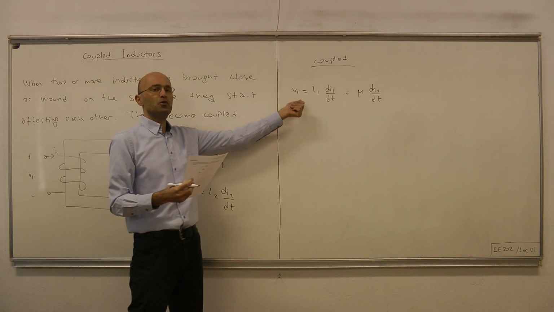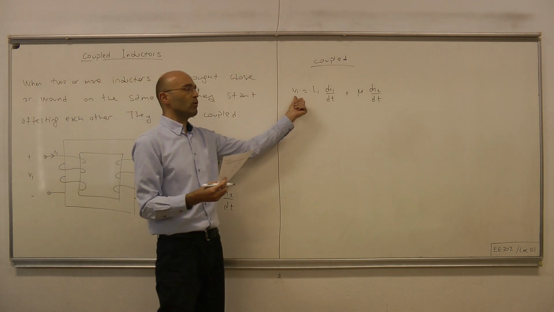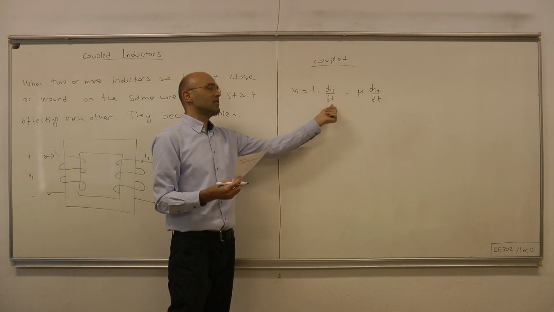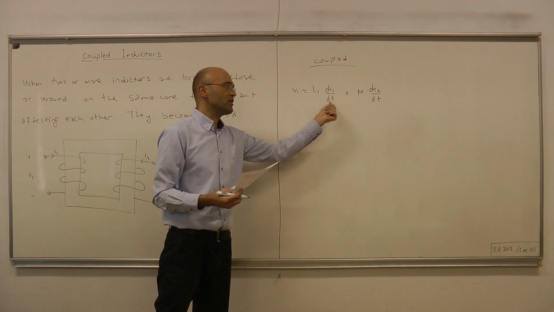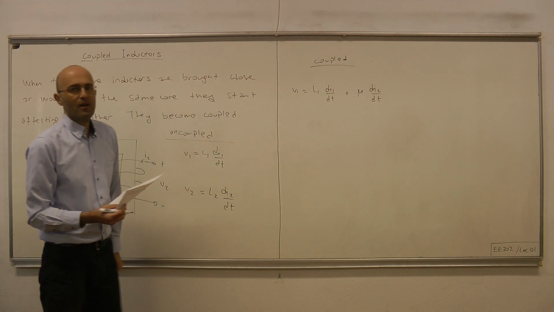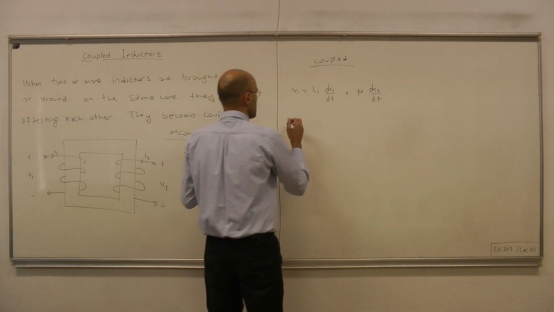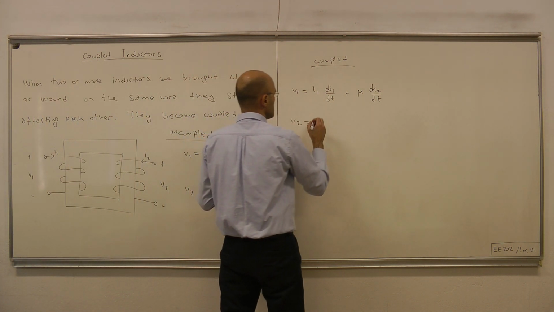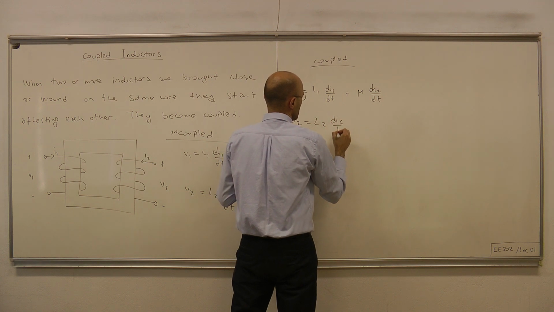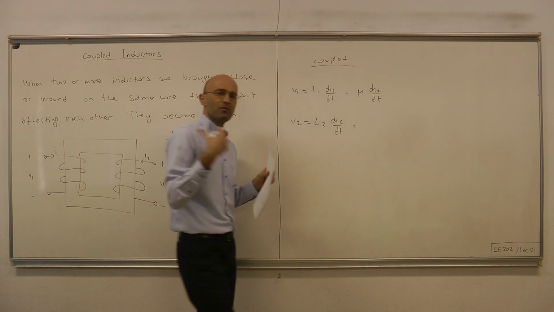This is closer to the real situation, where the voltage in the first coil depends not only on its own current but also the current flowing in the neighbor coil. And similarly, V2 equals L2 dI2/dt plus the coupling term.